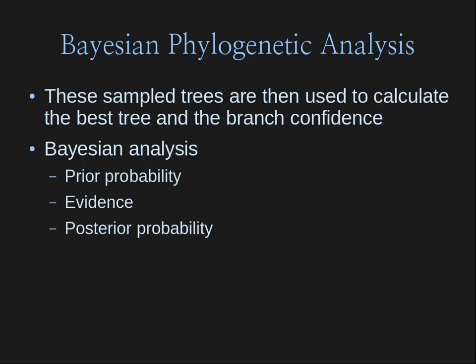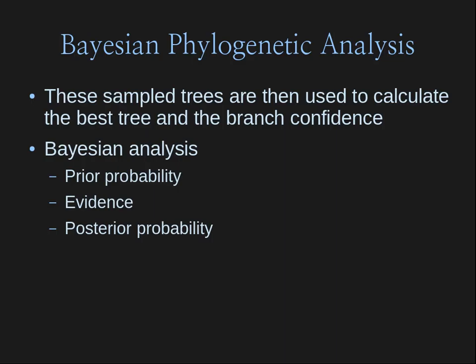Frequentist statistics traditionally asks, what is the probability of obtaining my data given the null hypothesis? So we have some null hypothesis of no difference, and we ask, what is the probability of getting this data if the null hypothesis is true? And you either accept or reject the null hypothesis, also called null hypothesis significance testing.